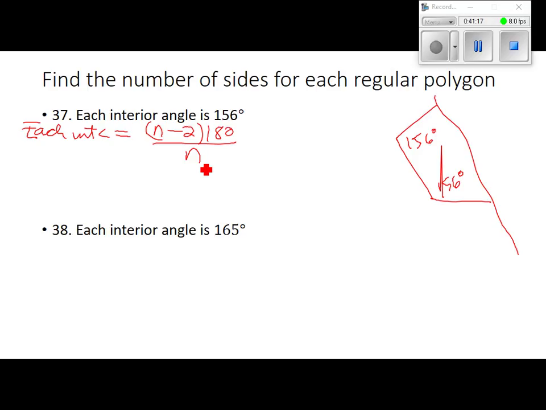What do we know about each interior angle this time? 156. Could we solve that? I'm going to tell you that's a hard formula to solve. We probably don't want to do that. Same as the last problem, we probably want to find each exterior angle. If this interior angle is 156, what's this exterior angle?